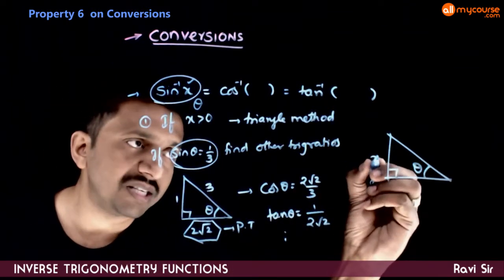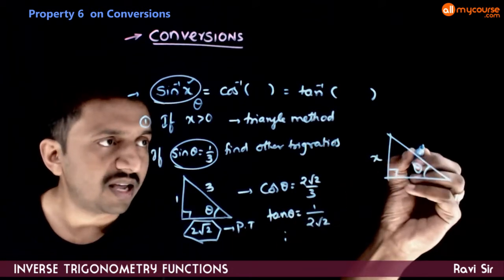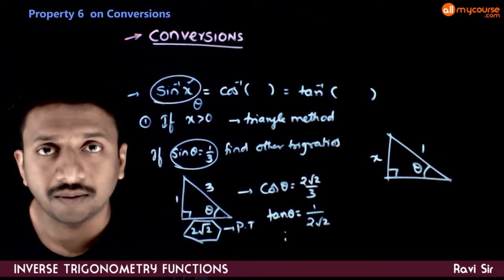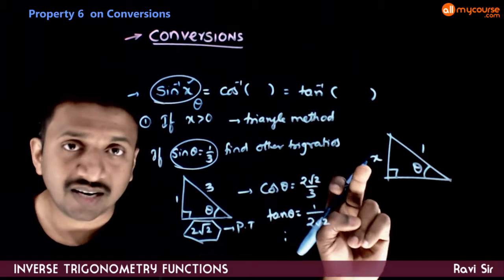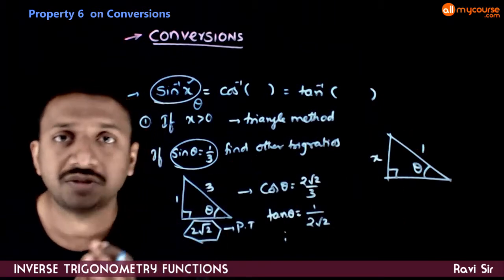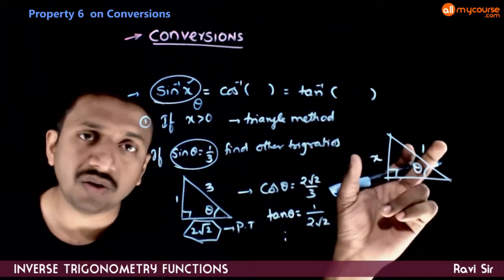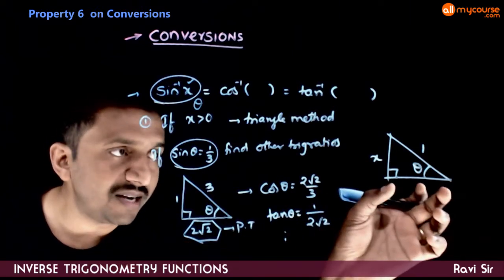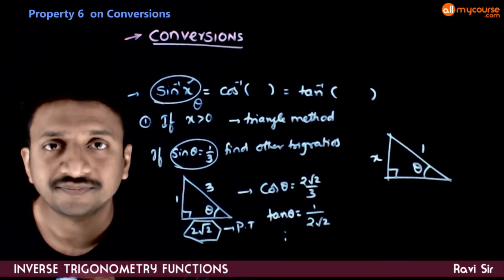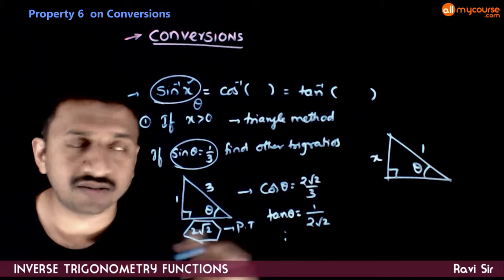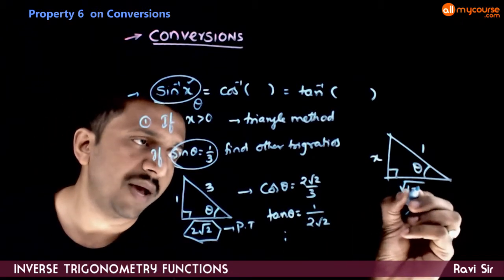That means the opposite side is equal to x and the hypotenuse has to be equal to 1, such that opposite side by hypotenuse is x. Now once you know these two sides, can you find the remaining side using Pythagoras theorem? Yes. This will be root of 1 minus x square.